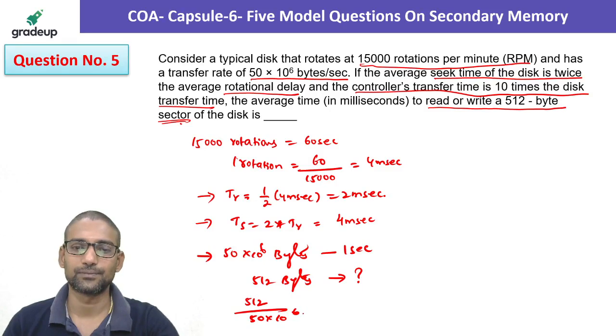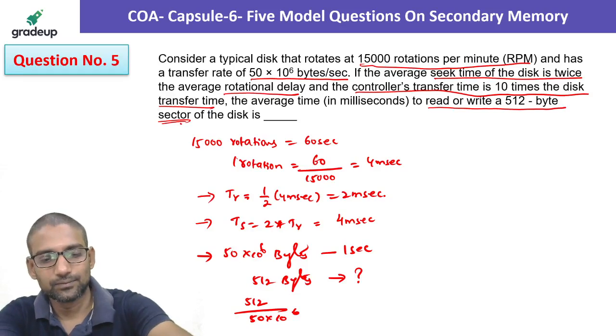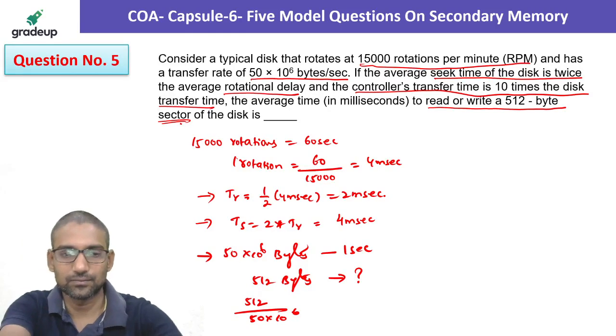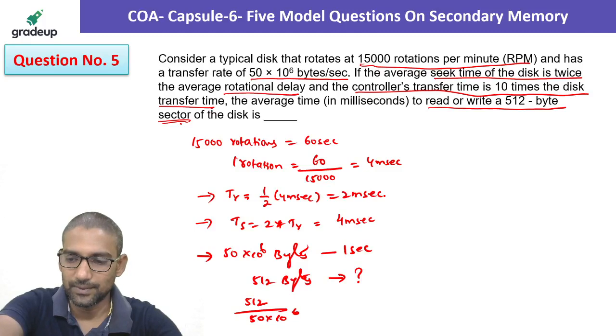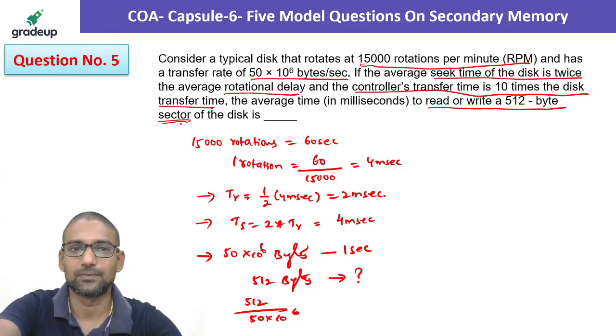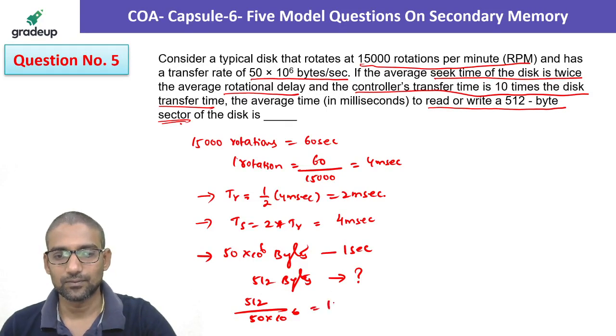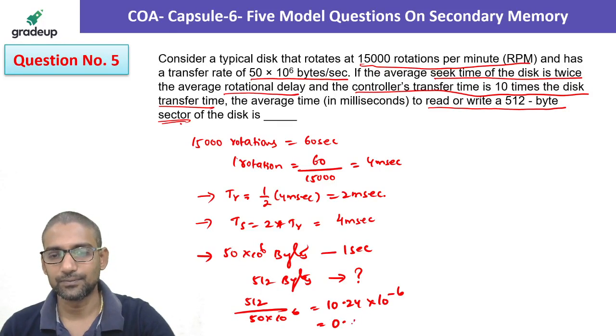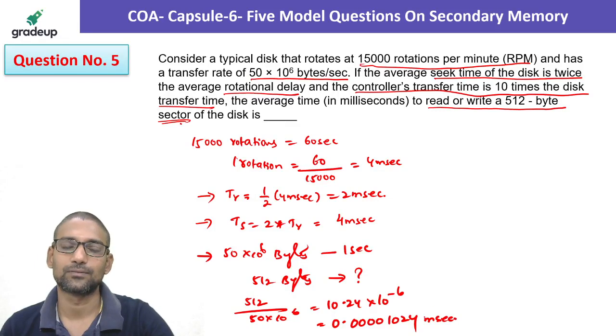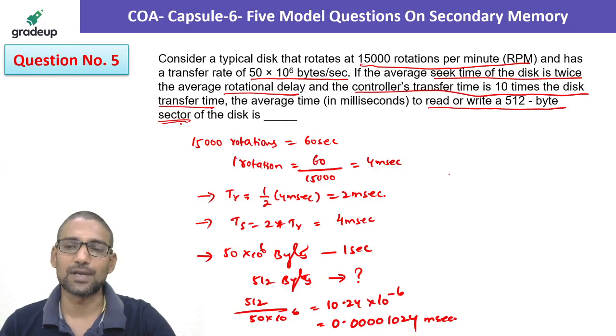Right? 512 divided by 50 is 10.24 into 10 power minus 6. So this you can say 0.00001024 milliseconds. Now this is transfer time.